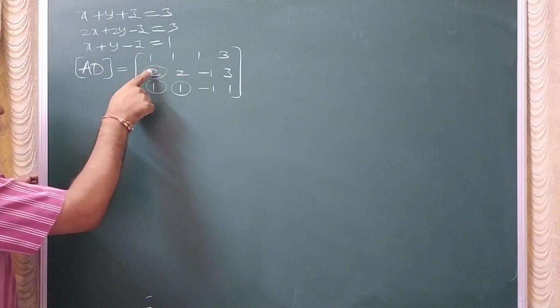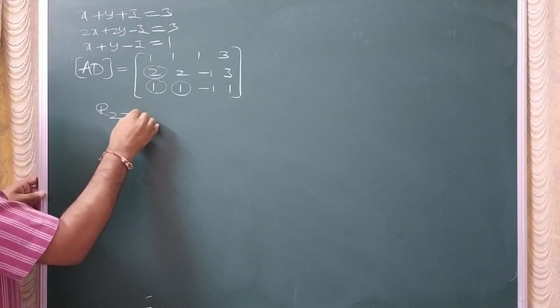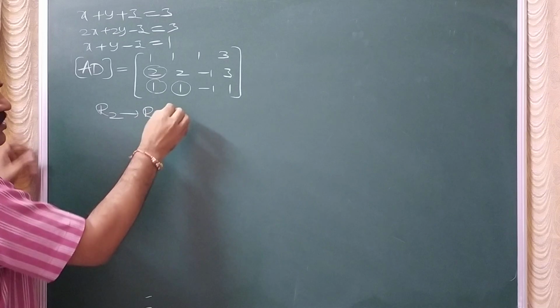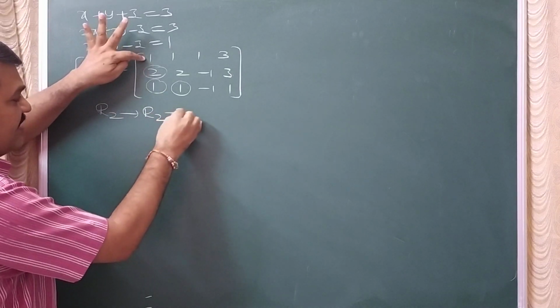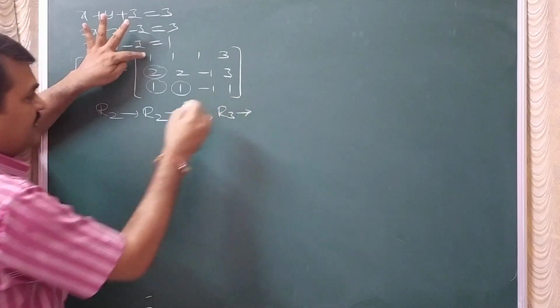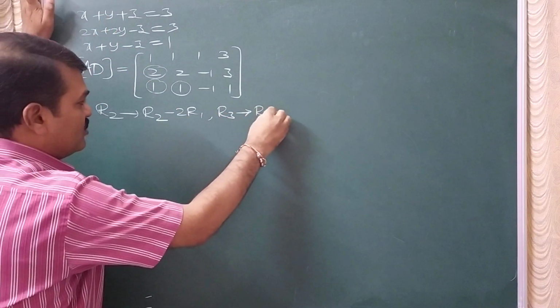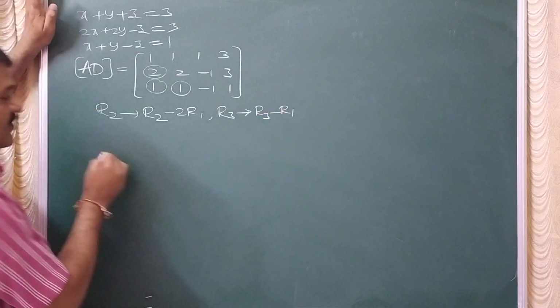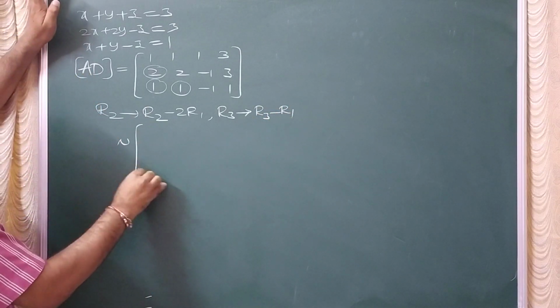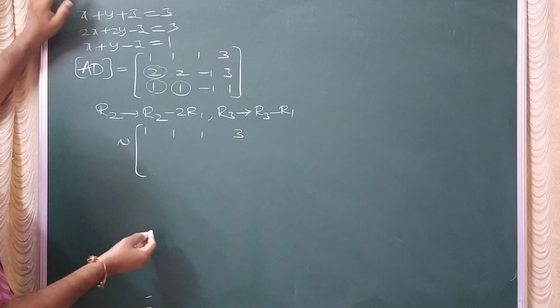To get zeros in the first column, I will take R2 minus 2 R1. Next I will take R3 minus R1, which is very easy to get 0. So this is equivalent to: first row same, first row anyhow we will not change.